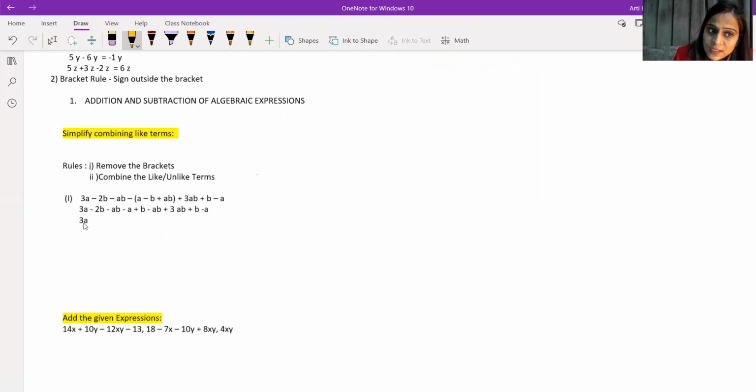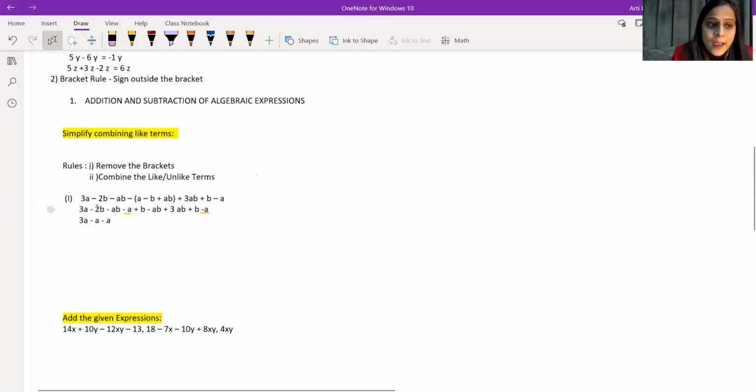Write the first term as it is, then find its like terms, its partners, the terms which have the same variable. Like terms, remember, are terms with the same variable only. So I just write the like terms: 3a, minus a, minus a.